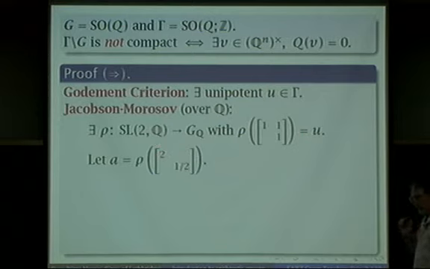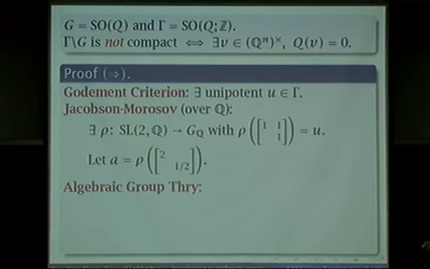And then it's a crucial fact, this is probably not obvious, but it's a theorem from the theory of algebraic groups, that because we've got a homomorphism here where everything's happening over Q, and the original matrix that we're applying rho to is obviously diagonalizable over Q, right? It's diagonal and its eigenvalues are rational.